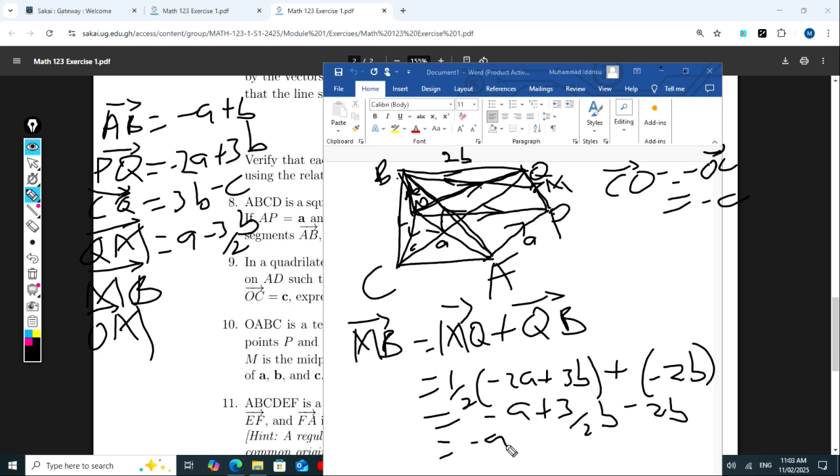Negative a minus 1 over 2b. So this is vector MB. So therefore our vector MB is what? Negative a minus half b.